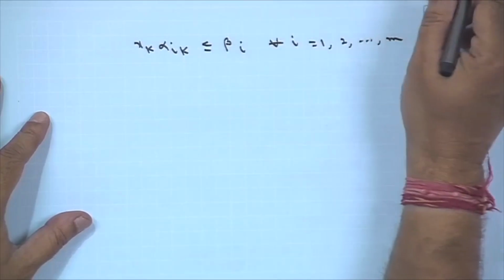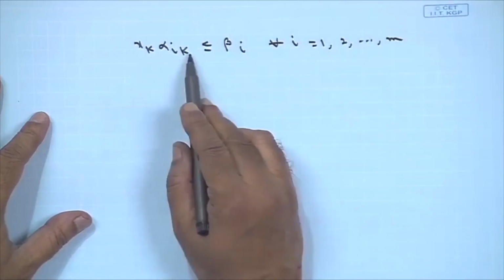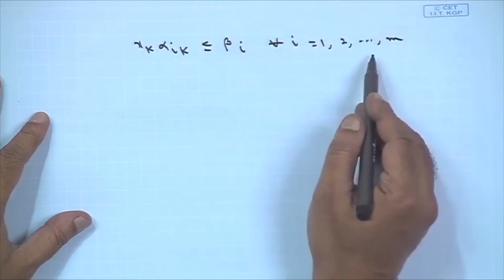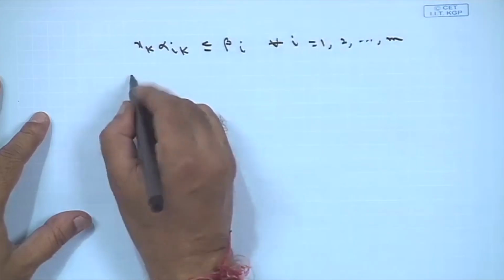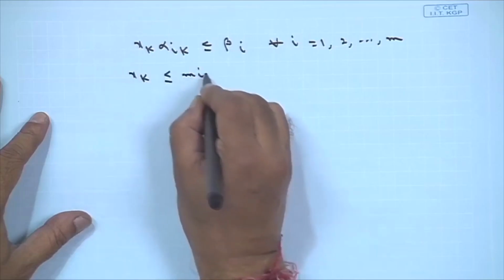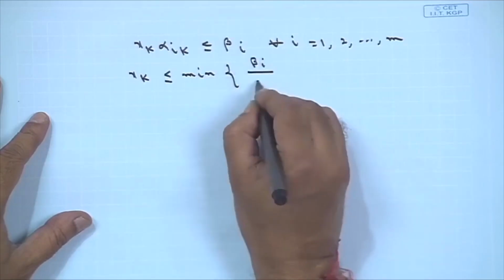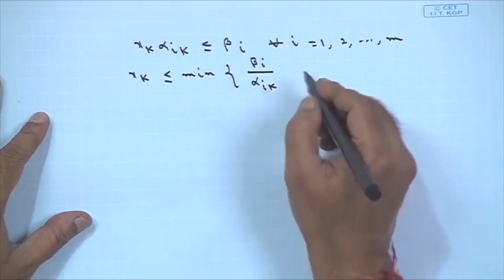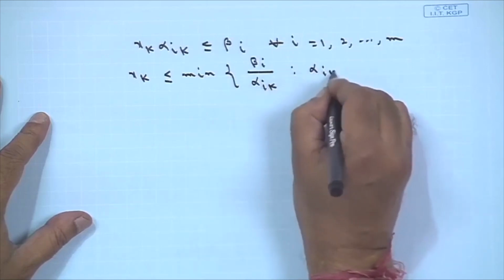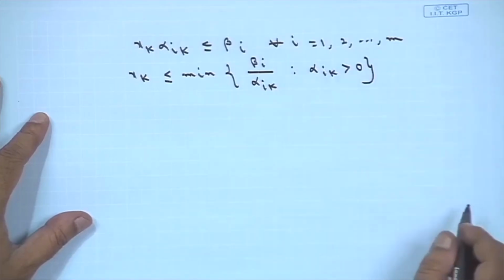So, for individual things x_k alpha_ik should be less than equals beta_i for all i equals 1 to m, or I can say x_k is less than equals minimum of beta_i by alpha_ik, where alpha_ik is greater than 0, minimum of this.